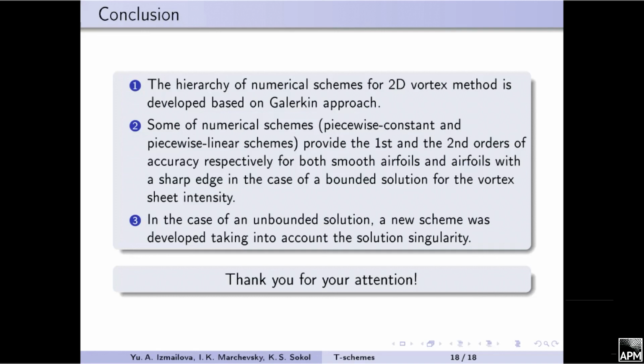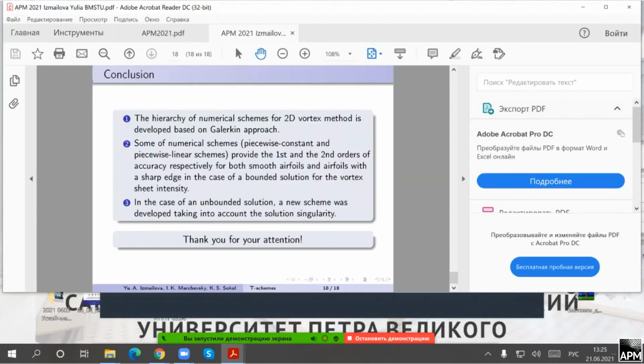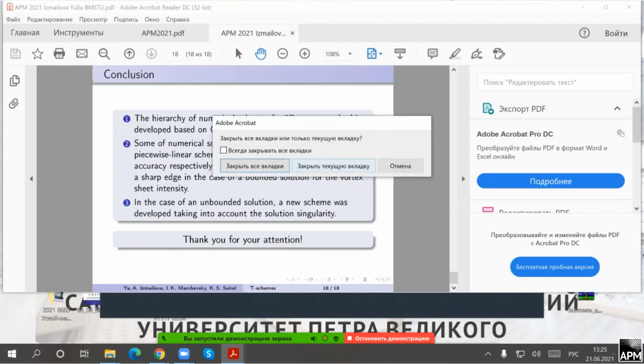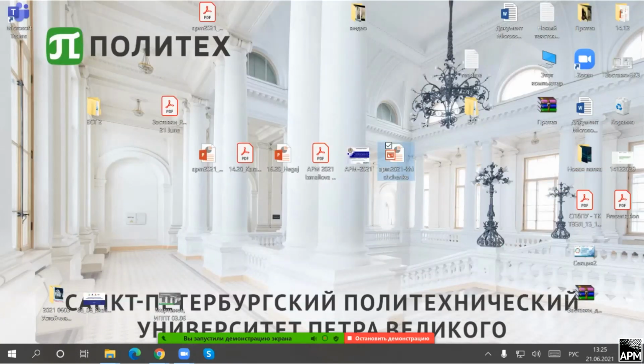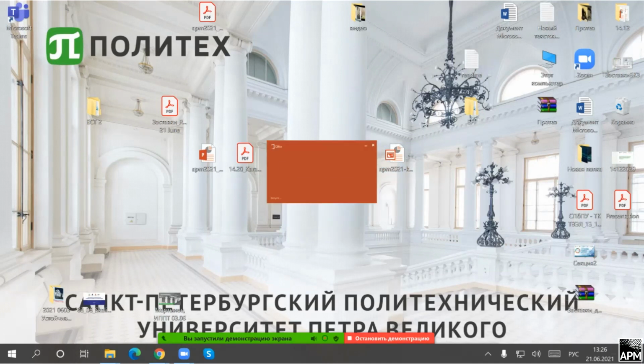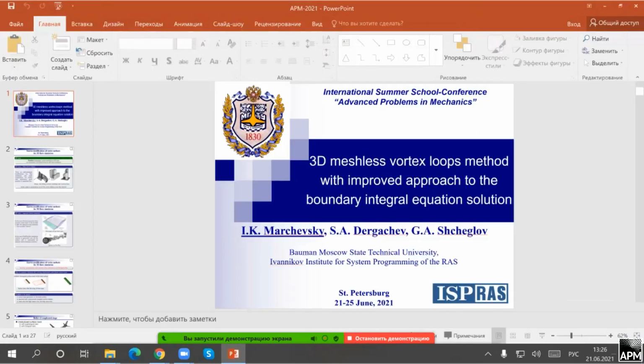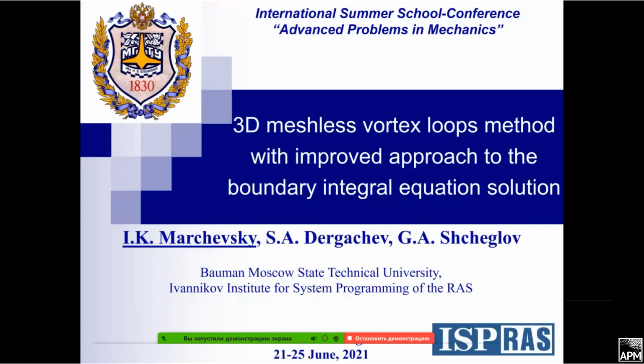Okay, while we wait some seconds, I want to tell you that, as you understand, at Bauman University we work on vortex methods of computational hydrodynamics that belong to a class of Lagrangian mesh-free methods. In the previous talk, Yulia described our results in the development of new numerical schemes for solving the boundary integral equation arising in these methods.